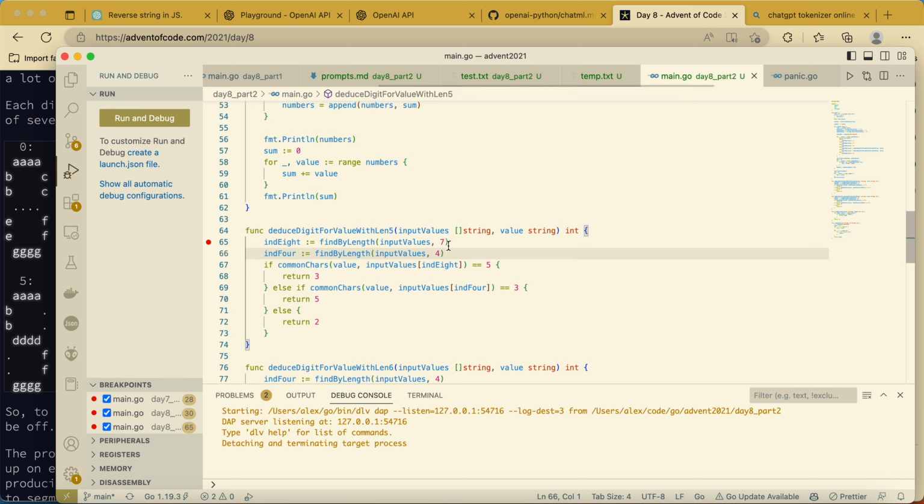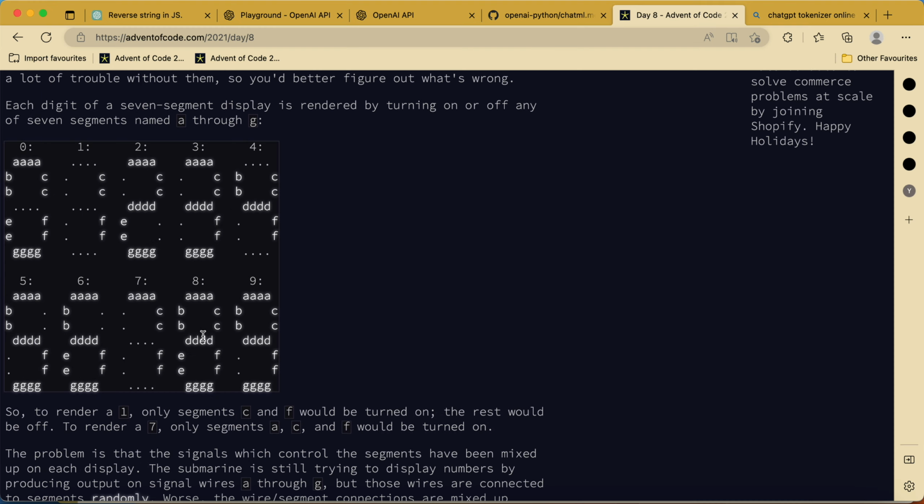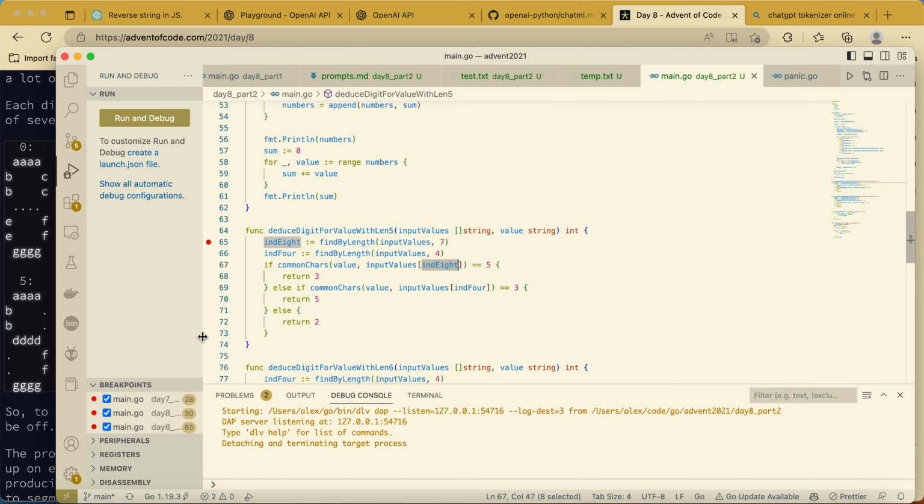Okay, let's see our logic. Why do we get the index of 8 to compare with and to have 5 whenever 2, 3 and 5 will have the same kind of common one?